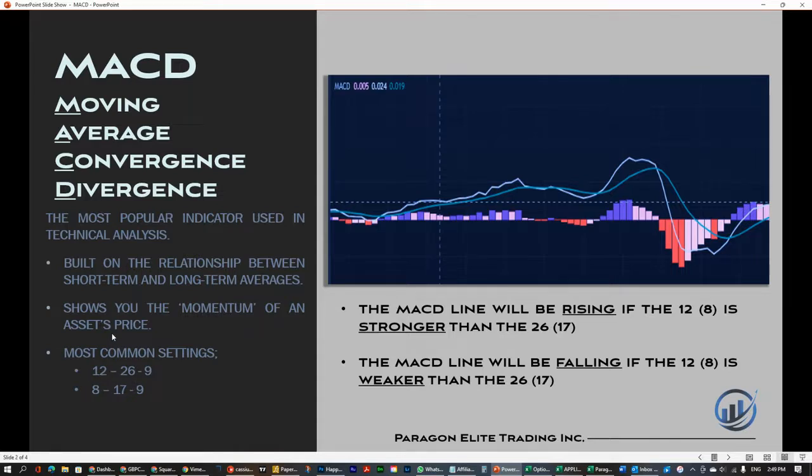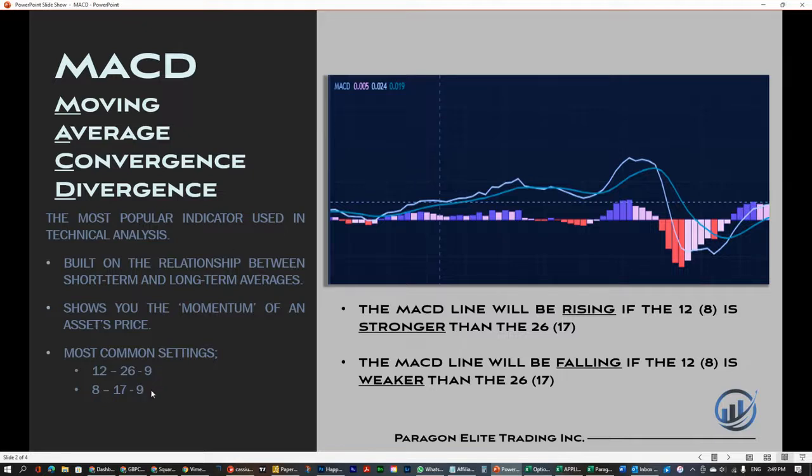So depending on what time frame the chart you're looking at is, if you're looking at the hourly, it's the 12 hours prior, 26 hours prior, and 9 hours. And that's the fast one for this indicator line. The other two are mixed to form the baseline.